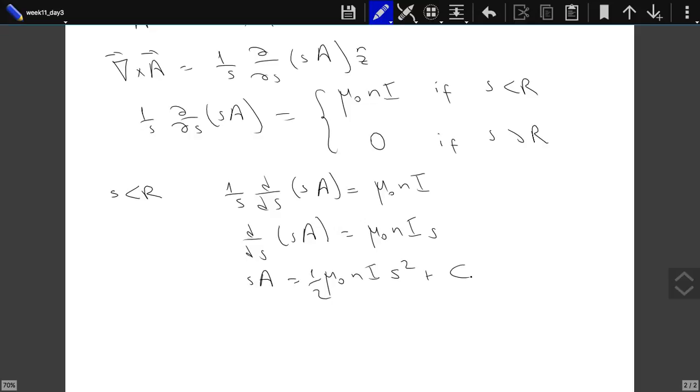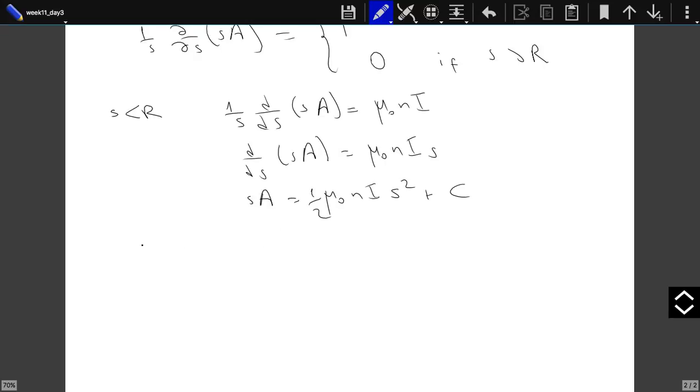I don't know that constant yet. And so A of S inside my cylinder is 1 over 2 mu 0 n I times S plus some constant over S. So we see that inside my cylinder, the vector potential increases linearly with S.